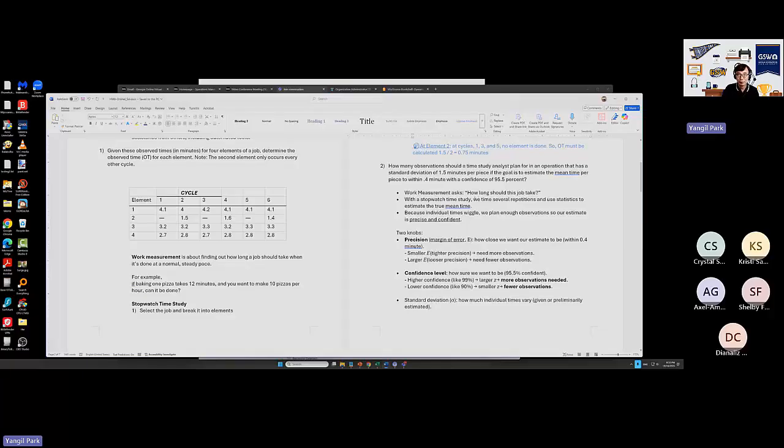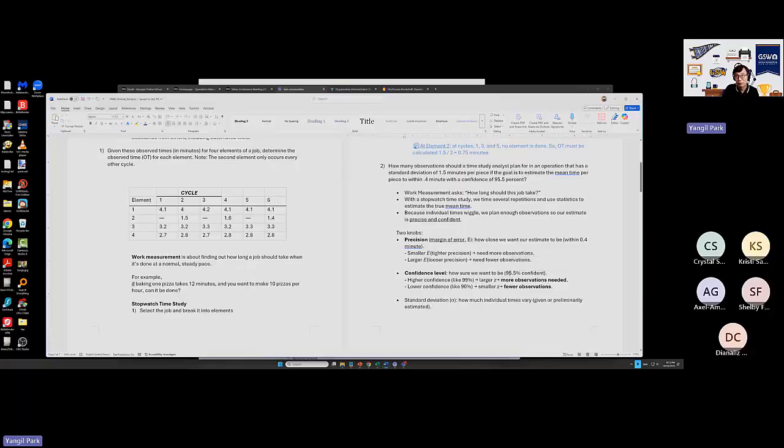That's why we come to precision and confidence level. Precision is the margin of error, which you've heard before. Confidence level is how sure you want to be for this particular study: 95%, 99%.